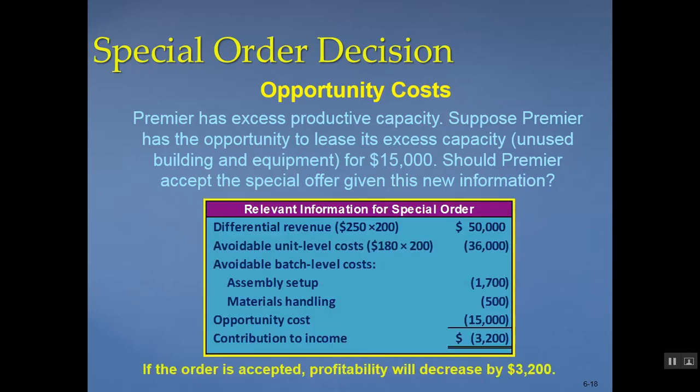So now we include that in our analysis for the special order. We have the differential revenue, we have the avoidable costs, and then we include the opportunity costs. Now our contribution to income is a negative $3,200, and we should reject the offer because we would lose money on it.